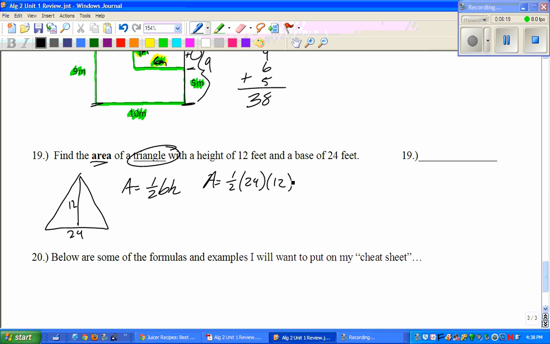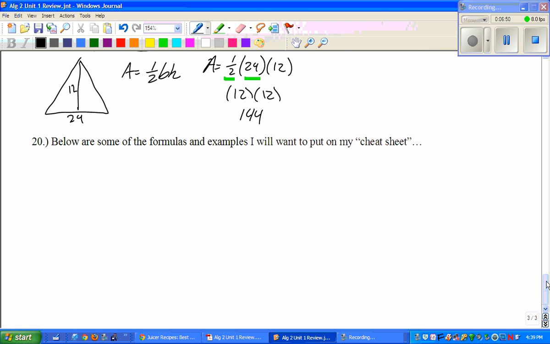The nice thing about multiplication is you can multiply in any order, so you can take half of 24 right away. Half of 24 is 12. And we've already done this problem: 12 times 12 gives us 144. We just have to make sure we label it correctly, 144 feet squared.